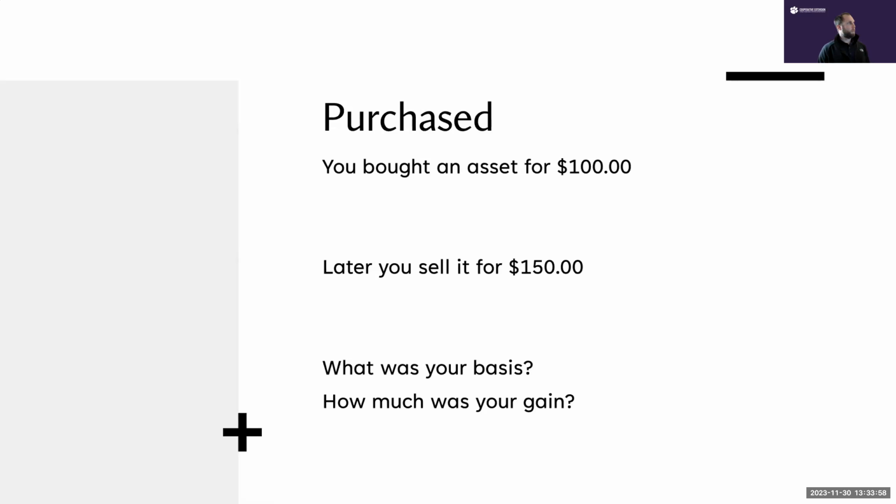You can go ahead and respond with what you think the answer is. What was your basis and what is the gain? Kurt already touched on how this is looked at and how you determine your basis for each of these situations, but we'll see if you're paying attention here.